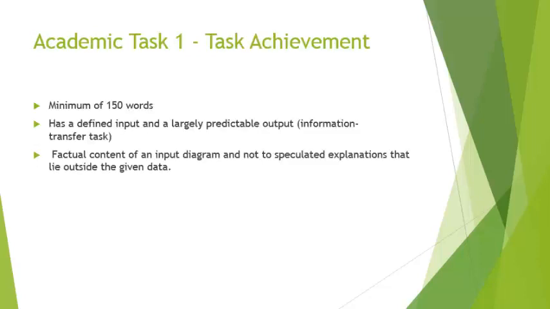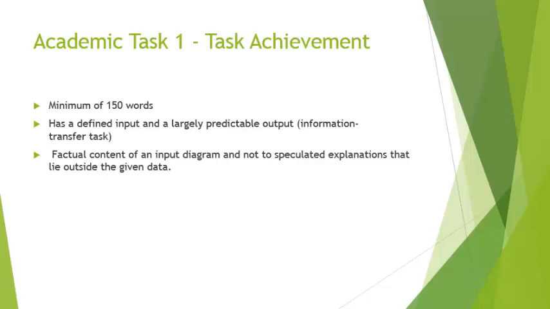For Task 1, there are different tasks for both the academic and the general training modules. Both are a minimum of 150 words long. And for task achievement, the criterion assesses how appropriately or accurately and relevantly the response fulfills the requirement. For the academic module, the writing task has a defined input and a largely predictable output.